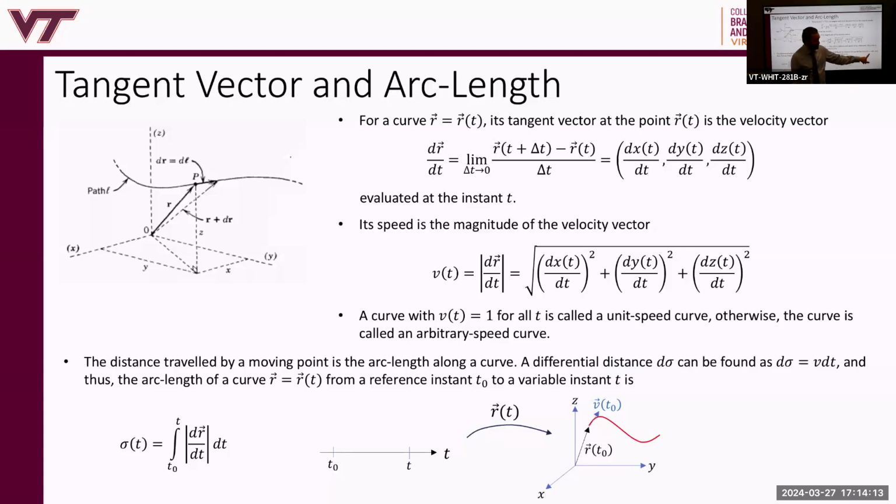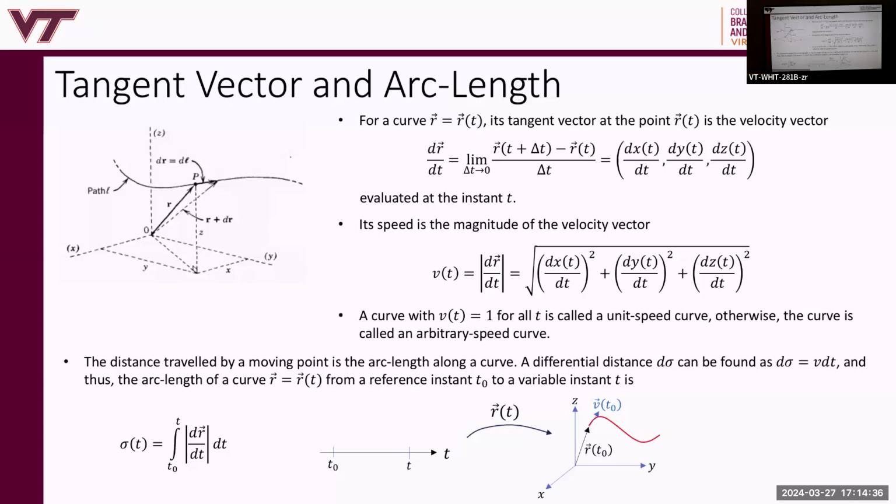This is from kinematics. So the arc length of a curve from a reference instant t naught to a variable instant t is like this. Sigma of t is equal to the integral of the magnitude of your tangent vector times dt. That comes directly from here. You integrate both sides. Yeah? So that's how you find the arc length of any curve.